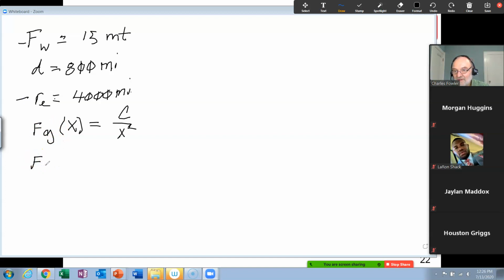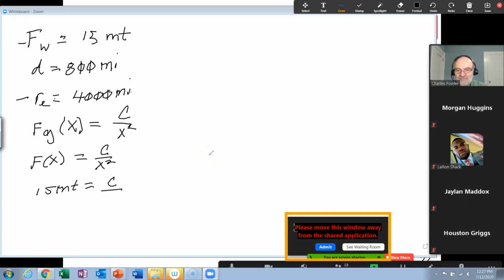You have F of x equal to C over x squared, but we're going to have this F be 15 metric tons, and again, that's probably not the right unit for that, is equal to C, your proportionality constant. What we were calling Hooke's constant before, that's the C here.